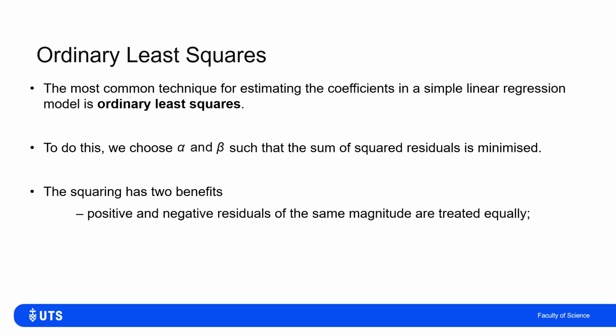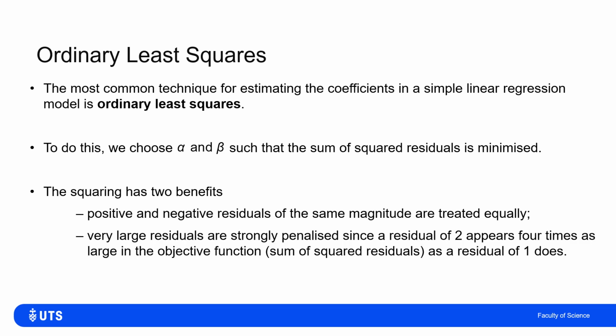Obviously, positive and negative residuals of the same magnitude are treated equally. And it also strongly penalizes where the model is a long way from the observation, because being twice as far away gives you 4 times the squared residual.